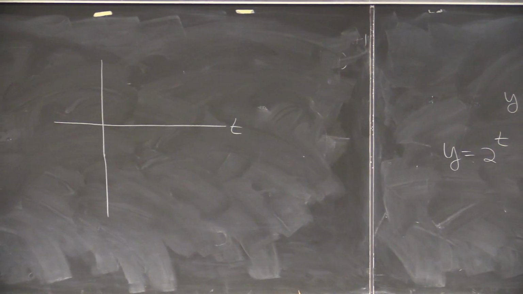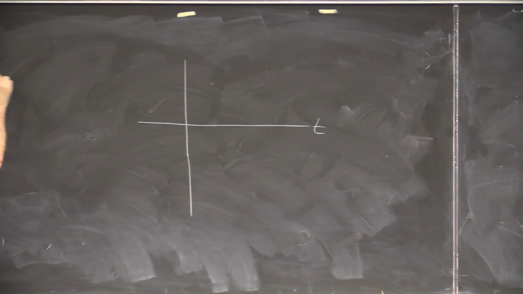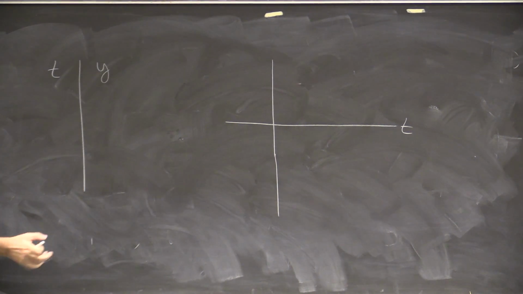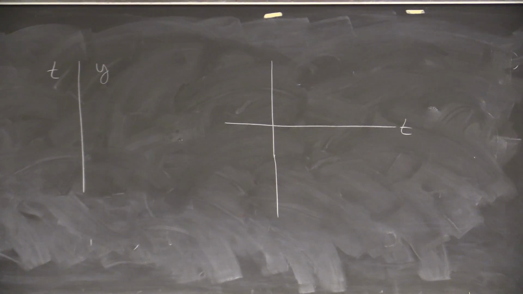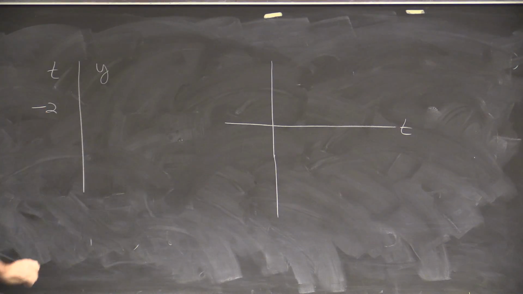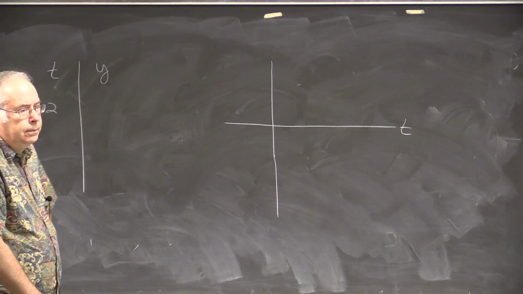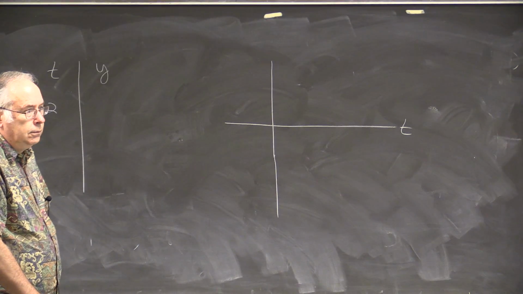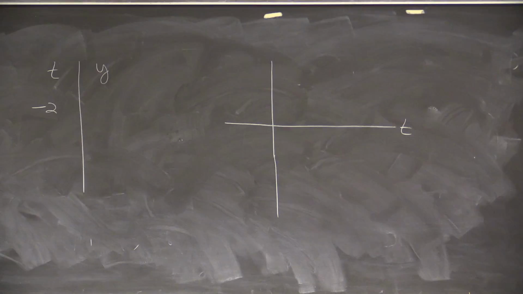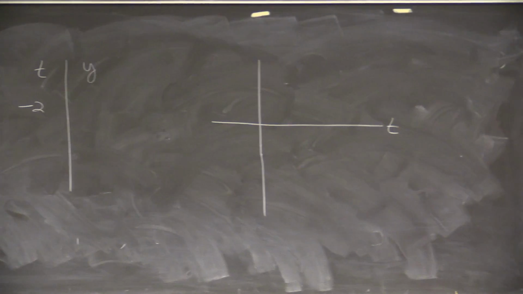Let's calculate the value of y for different values of t. Let's start actually with negative values of t. There's no restriction on t here. So suppose t is minus 2. Then what would y be? 1/4. 2 to the minus 2, just a little refresher on algebra.